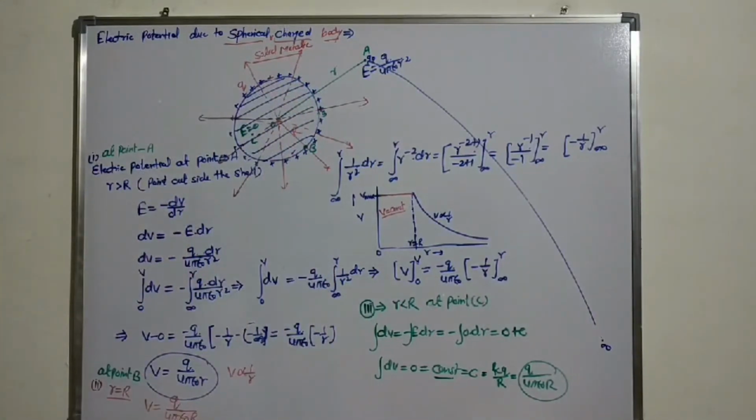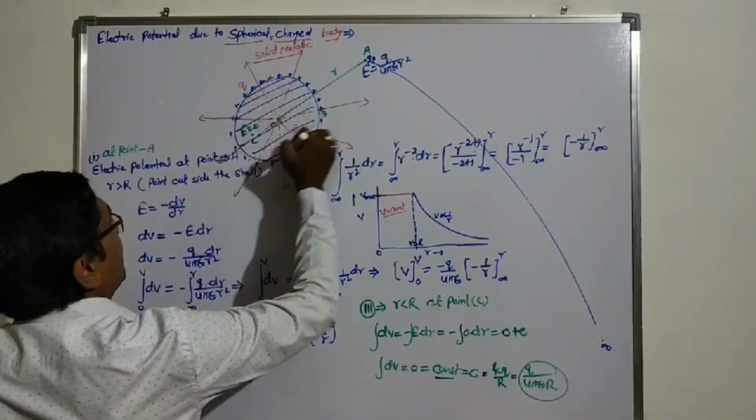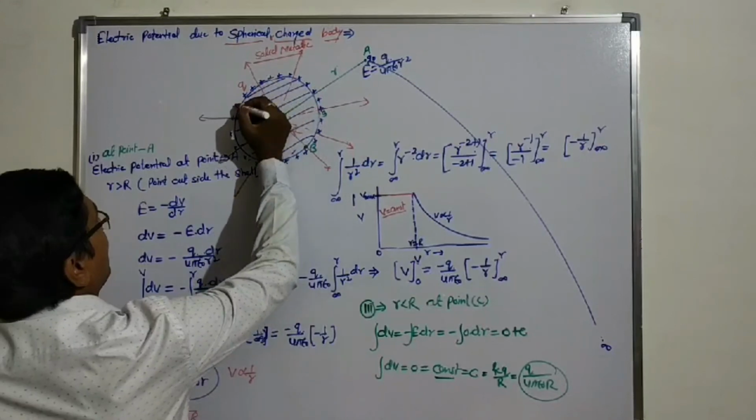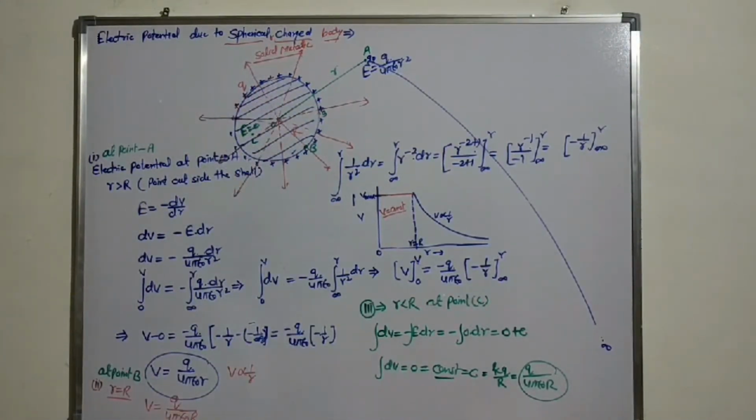In a solid metallic sphere, the total charge is situated outside the body. When we provide charge to this metallic solid sphere, the total charge resides on the surface of the spherical metallic body due to the drift velocity of electrons.